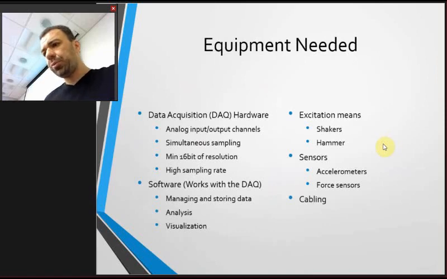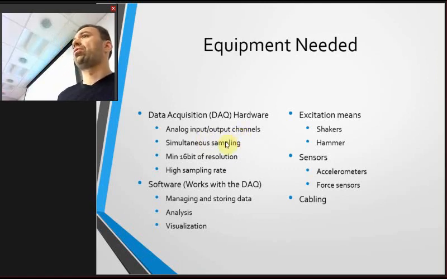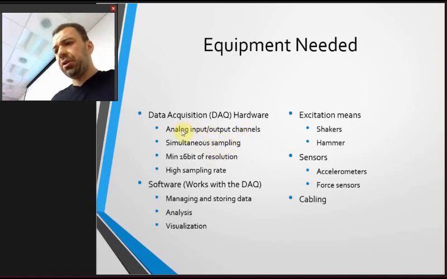Let's talk about the equipment. We need several things. First of all, we need the data acquisition hardware, which has to be capable of analog input and output. Output will be for controlling the shakers. Analog inputs will take the signals in. We'll have to simultaneously sample all of the channels. It has to be with nice sampling resolution and high acquisition rate.